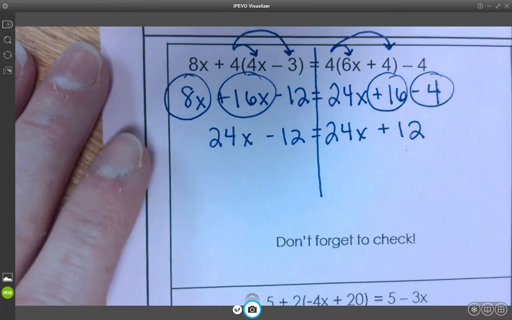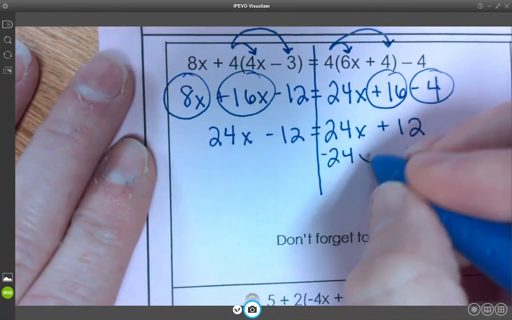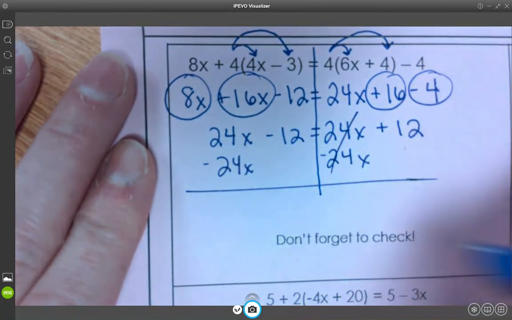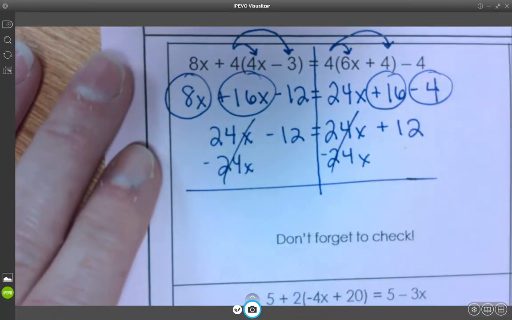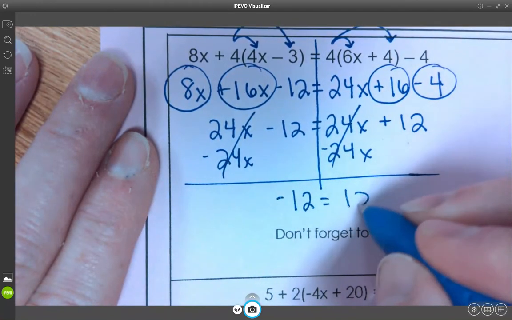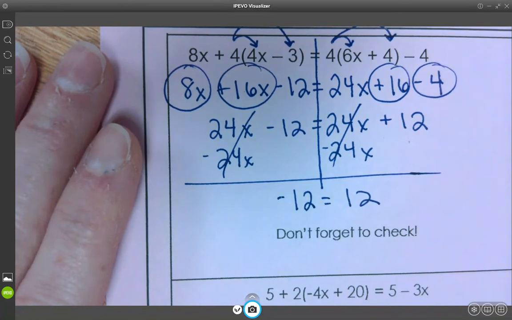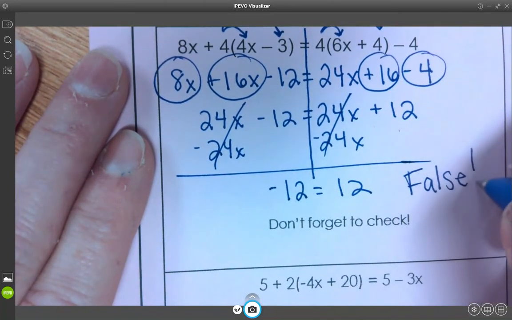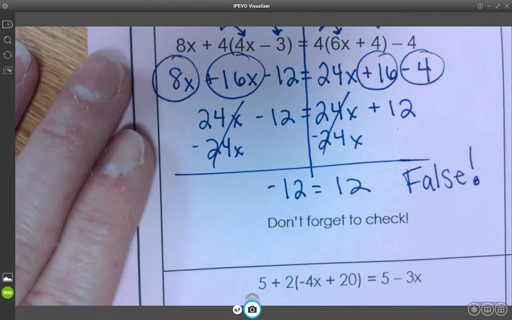Then we need to move the x. What happens whenever you move the x? It cancels it out on both sides. And what are we left with? Negative 12 equals positive 12. Is that true? No, that's false. So then what's our answer?